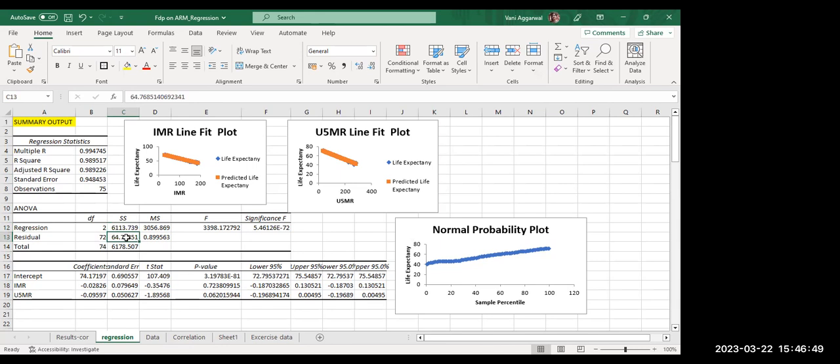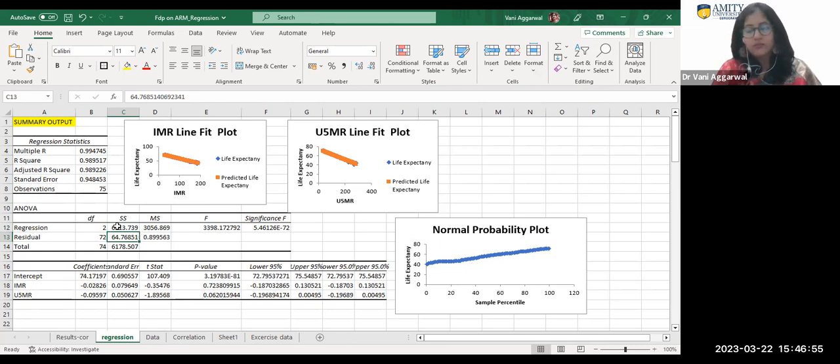Can you please repeat this ANOVA table once again, regression SS 611? Yes. See, so the total sum of square, right? Here you have the sum of square for regression and for residual. This basically represents the goodness of fit, a better fit for your model.